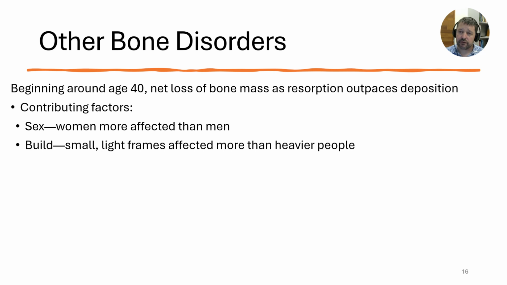Okay? Now, there are lots of contributing factors to whether this occurs or not, and it greatly depends on the sex of the individual. Women by far are more affected than men, normally because this has to do with hormones that women have that men do not or have less of. Individuals with small, light frames are affected more than heavy people.